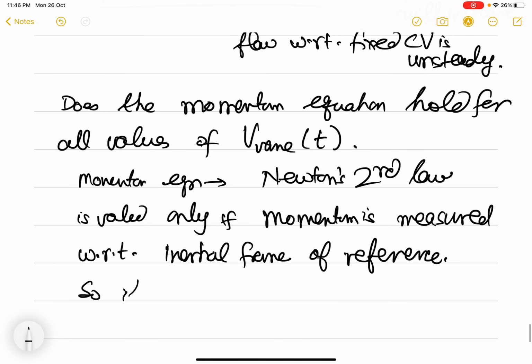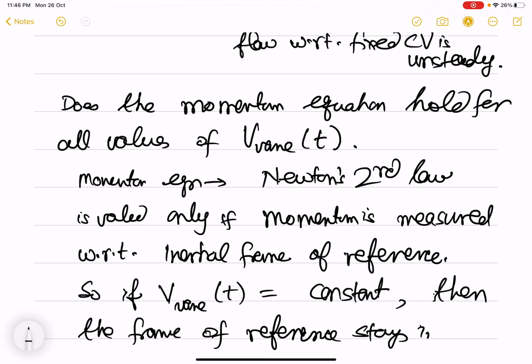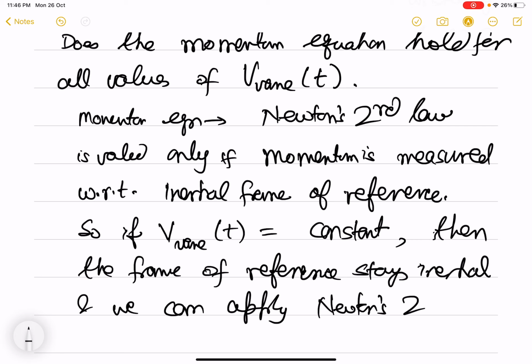So if V vane of t is constant, then the frame of reference stays inertial and we can apply Newton's second law.